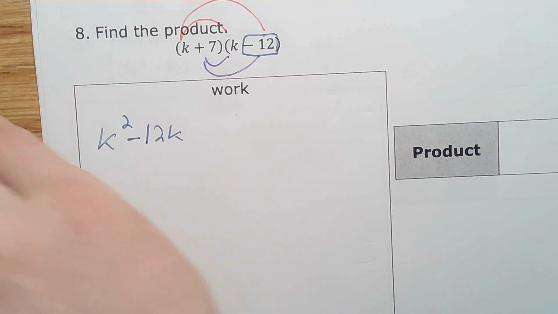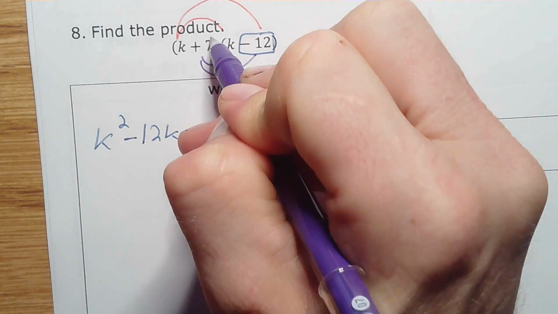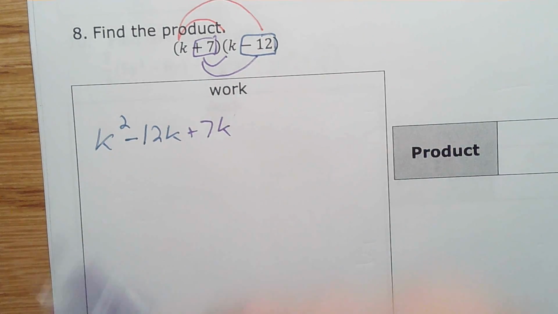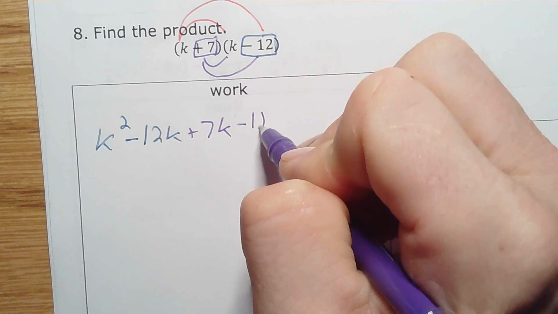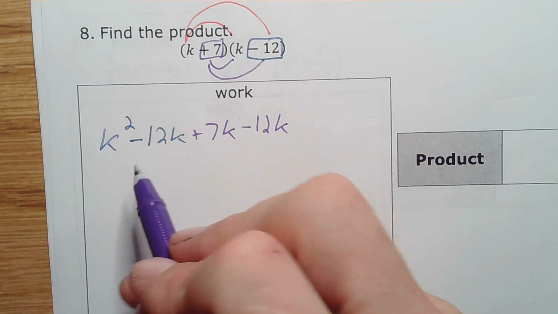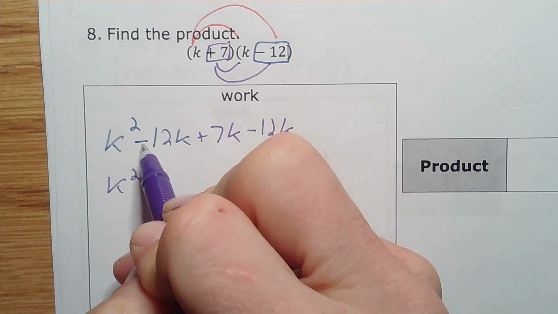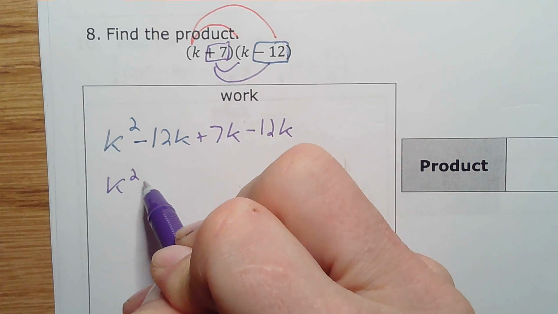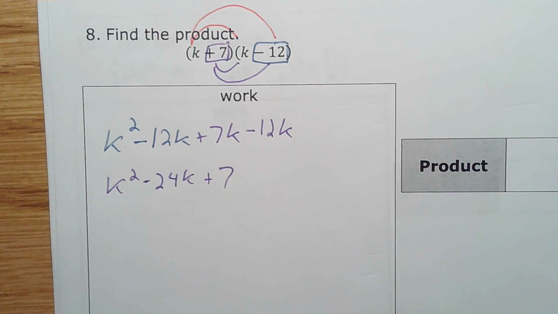Now moving on to our 7, it's going to be plus 7k, because this is plus 7, and then it's going to be minus 12k. All right, then we're going to add like terms. So our k squared carries forward, and our combined like terms, minus 12 plus 7 is minus 5k, and then minus 84. Right? So that's that one.